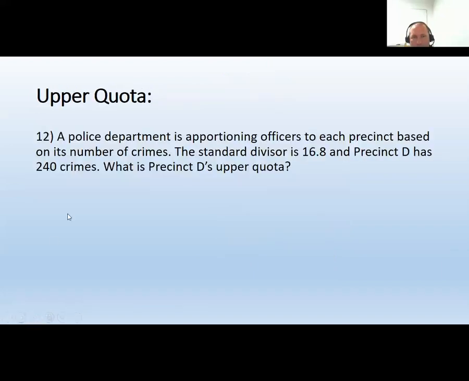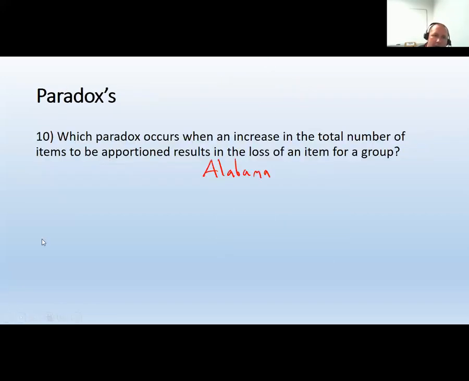Upper quotas. And I wanted to say something about the population paradox. You might get a problem like that on the test, this is just from the previous problem, which was over here on number 10. On that particular problem, you might see something where you have to calculate the percentage change for each group that is being allotted items.